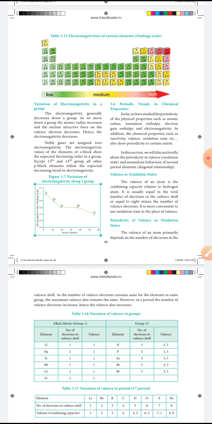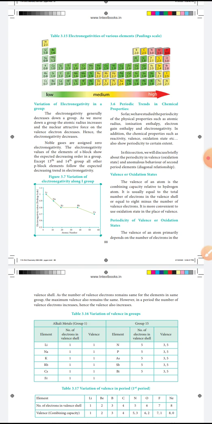In addition, chemical properties such as reactivity, valence and oxidation state also show periodicity. In this section we will discuss briefly the periodicity in valence and the anomalous behavior of the second period elements.